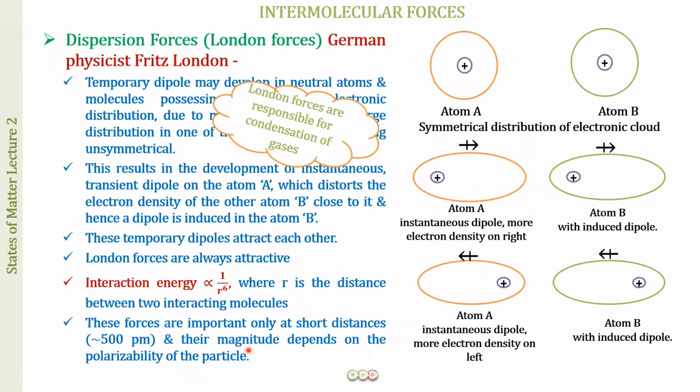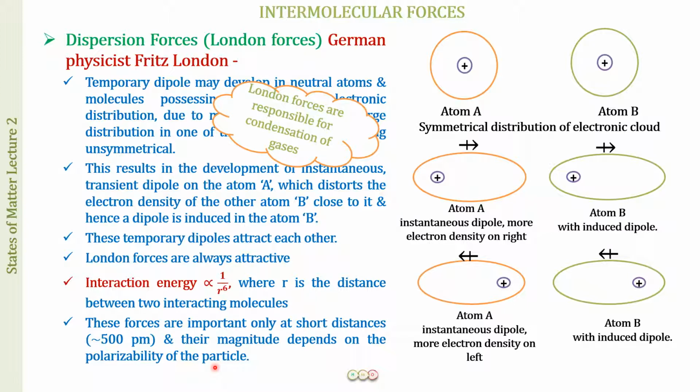And the other thing is the magnitude of these forces. So the magnitude is going to depend upon the polarizability of the particle. Now what do we mean by polarizability? What we have studied is that an atom or a molecule will be polarizable when the size of that atom or molecule is going to be more, which means that the nucleus and the electrons are far away from each other, so they are under a weaker pull, so they can be attracted by the nucleus of the other atom or the molecule.